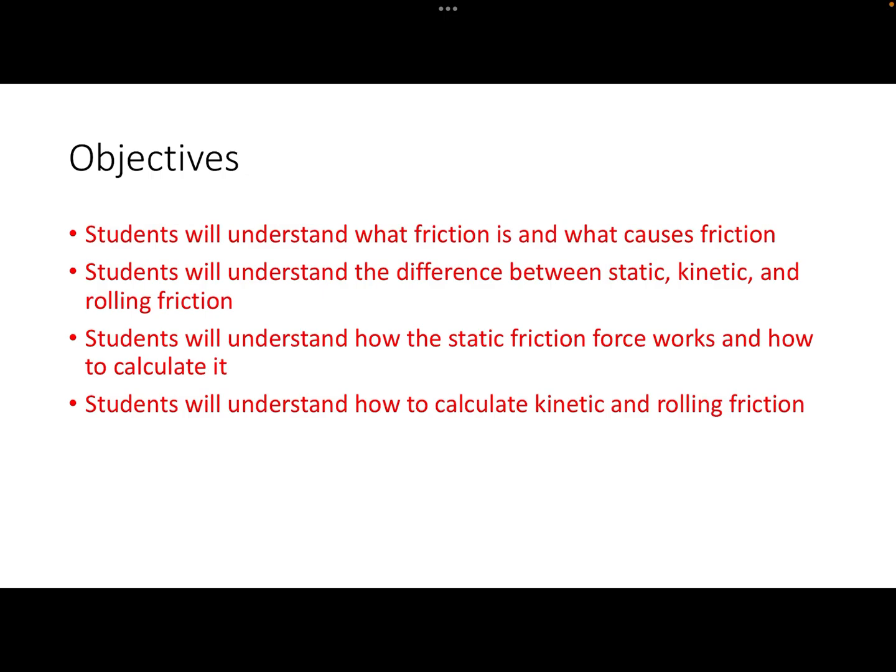And then I really want to hit two big things. One is the difference between how static friction and kinetic friction affect the motion of an object, the magnitudes of those forces, and how they affect the motion of an object. The other is the role of the surface types in determining the amount of friction on an object.